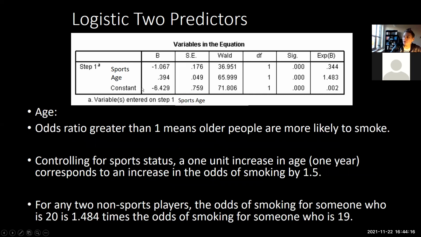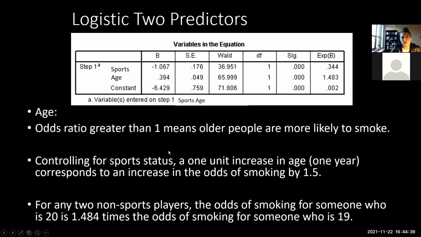Okay, so for age, an odds ratio greater than 1 means older people are more likely to be smokers. And so you would interpret that by saying, controlling for sports status, a 1 unit increase in age, which means 1 year, corresponds to an increase in the odds of smoking by 1.5. But again, we have to put it in the context of sports status.